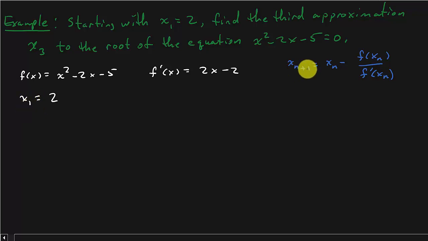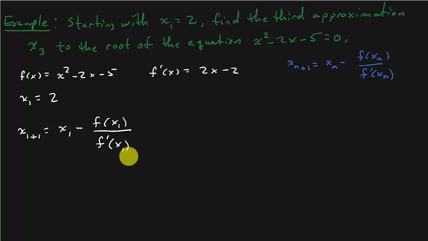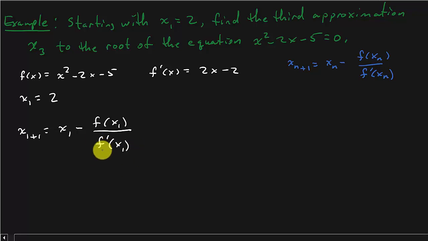If we plug the 1 in here for n, that gives us x of 1 plus 1 is equal to x of 1 minus f of x sub 1 over f prime x of 1. Remember, I'm going to show all the details on this problem, and I'm not going to do all of this on the next ones. I just want to do it on one problem so you can see everything.